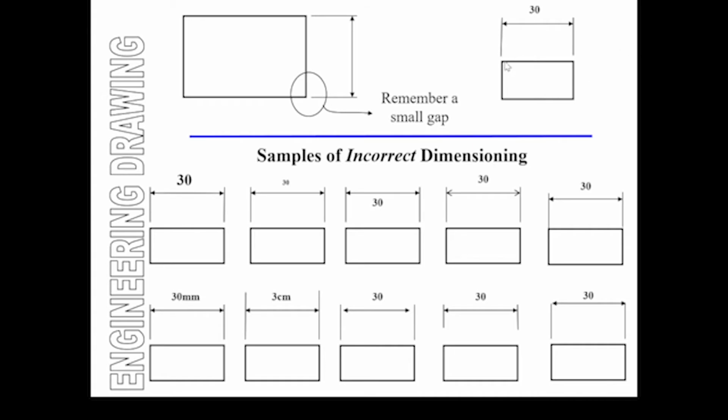Also, the numbers need to be sitting nicely centered. Probably that's slightly higher than what I generally like. However, it gives you a good idea of what dimensions look like. I can't really agree with this arrow kind.